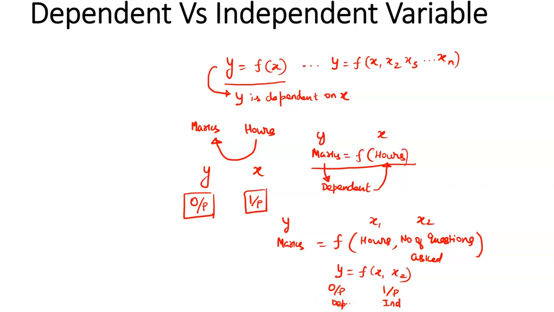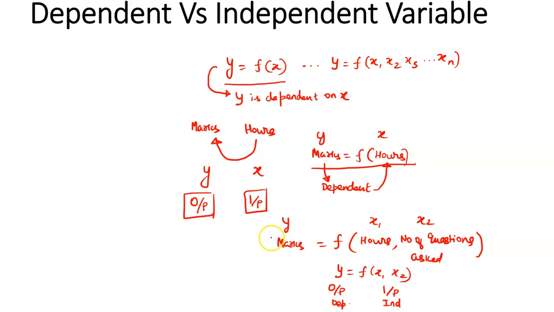If you are still having a doubt as to which is dependent, which is independent, ask this question. Is marks dependent on hours or is hours dependent on marks? Right? Marks is dependent on hours, right? That which is dependent is known as the dependent variable and that which influences the output is known as the independent variable.